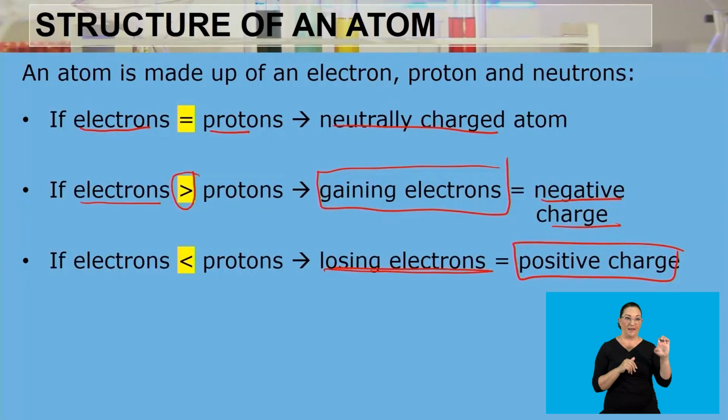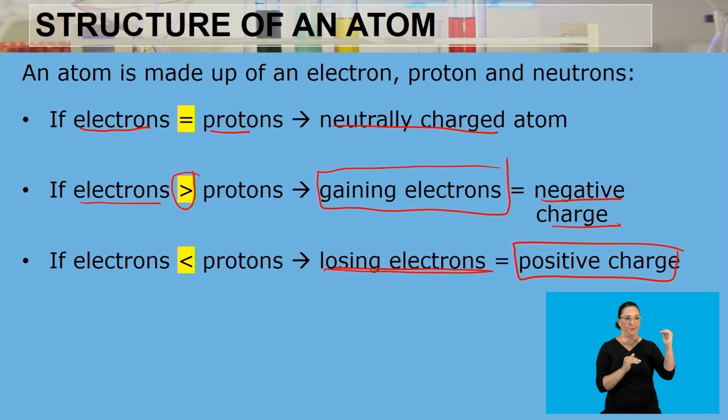Just to recap, if the number of electrons and the number of protons are equal, then the atom is going to have a neutral charge. Now, should that neutrally charged atom gain electrons, that means there's going to be more electrons than protons, and the overall charge of that atom is going to be negative.